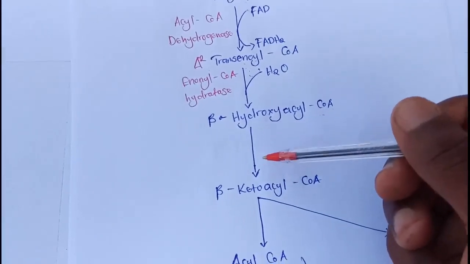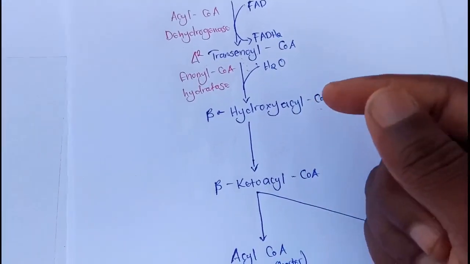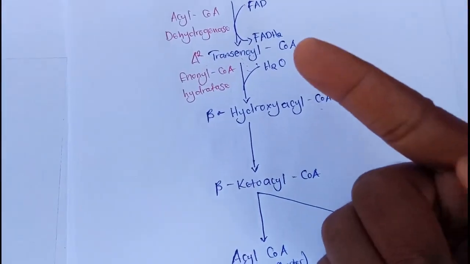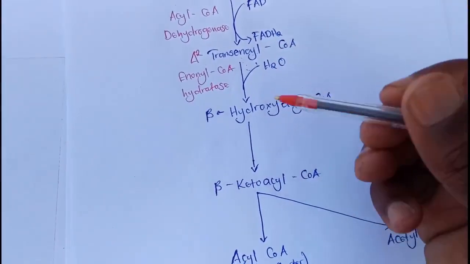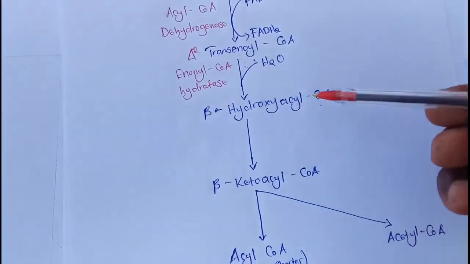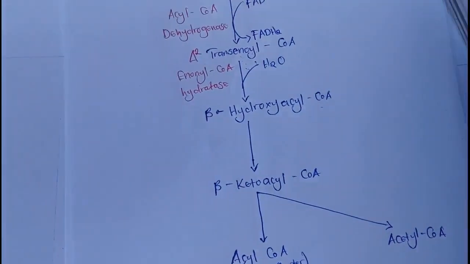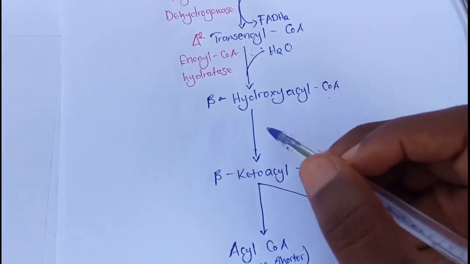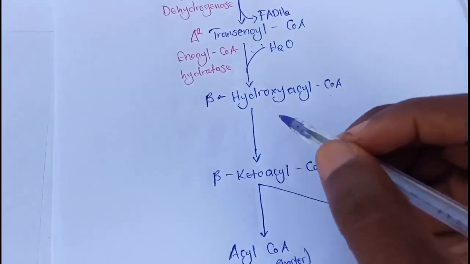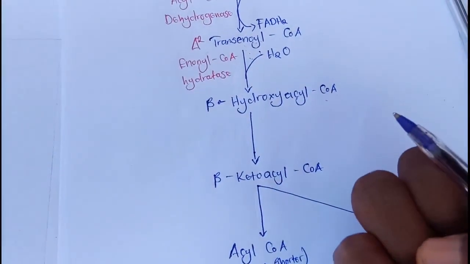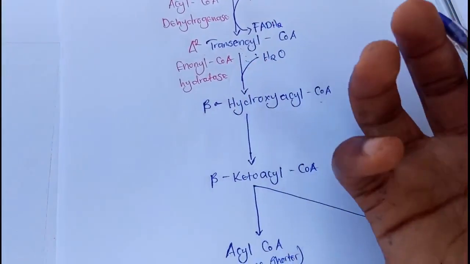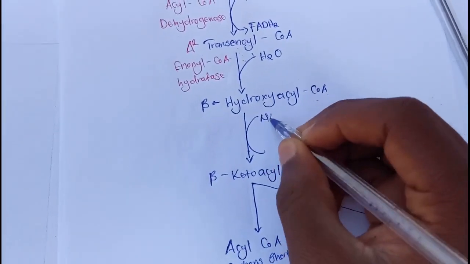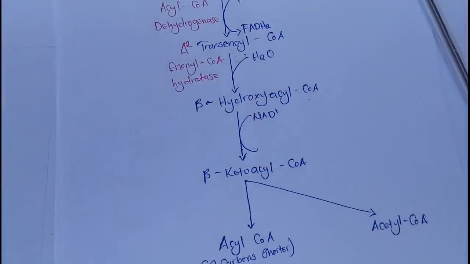In this third step of beta oxidation, what really happens is that we are removing 1 hydrogen from beta hydroxyacyl CoA. When we remove that hydrogen, remember that we also need a dehydrogenase to do that work, right? And we also need something that will actually capture the hydrogen, a proton carrier. In this case, what we'll have is NAD.